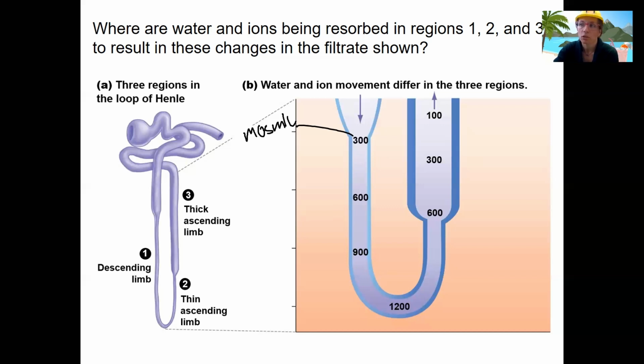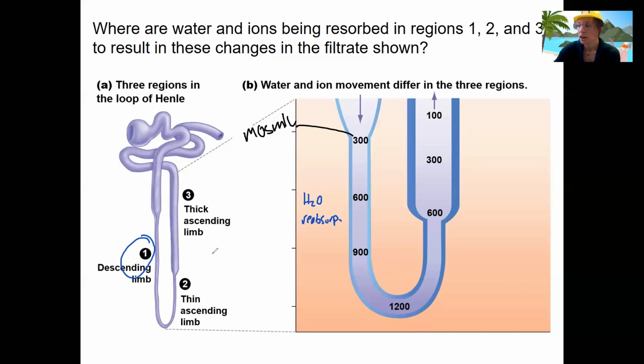We're going from 300 up to 1200 milliosmoles. So at number 1, we're having water reabsorption, which I already told you is what happens. That should make sense. That's going to be what changes this filtrate to become more concentrated.